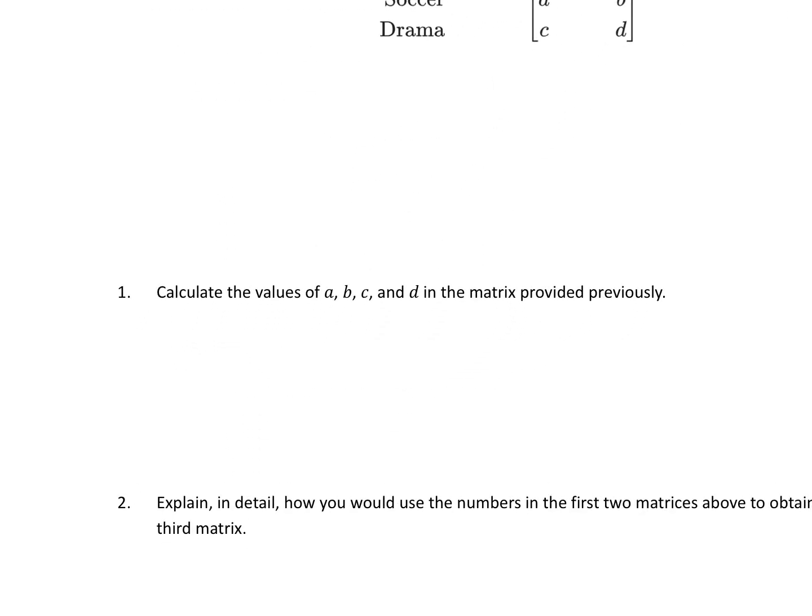Total for A. So remember, A is the total cost at Main Street Market for soccer. Okay, soccer at Main Street Market equals. So it looks like they need 8 chips at $2.50 each.